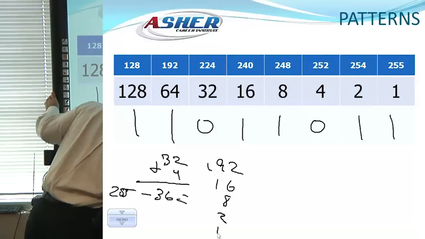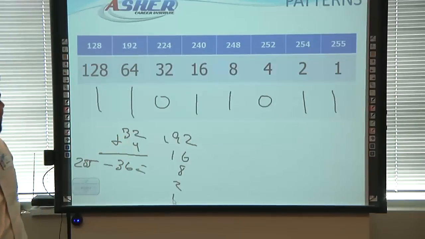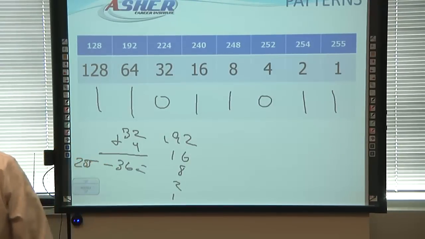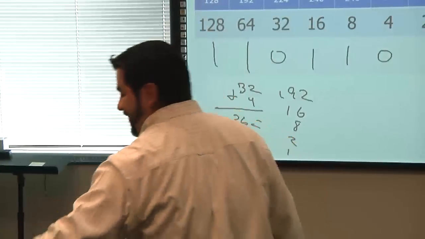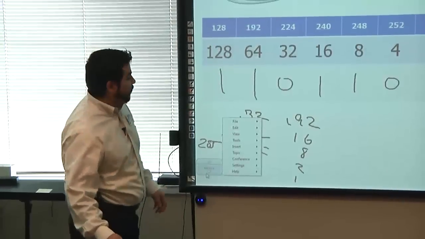For me, I do 255 minus 36. What would you do? Same thing? Okay, you three need to settle together over there then. No, I'm just kidding. Kim, what would you do?